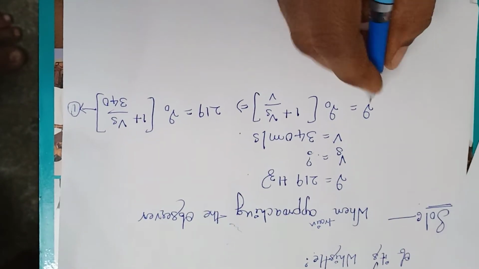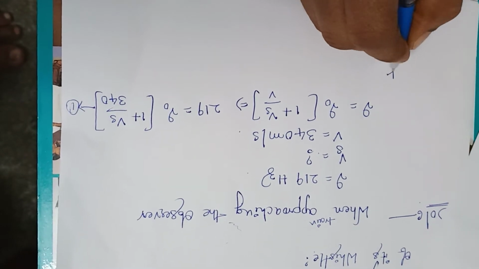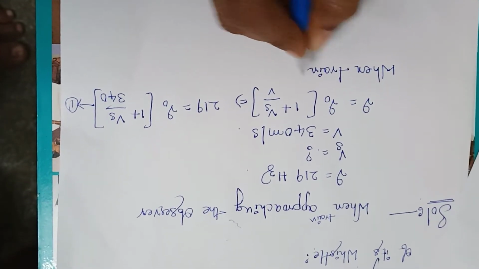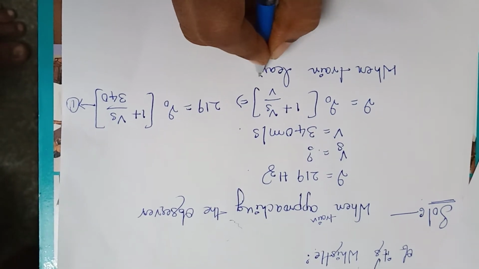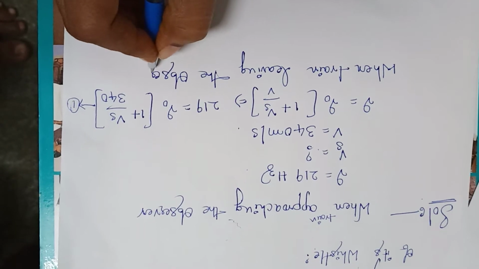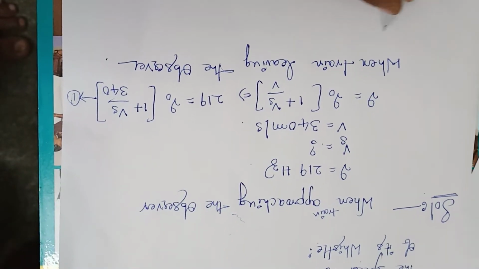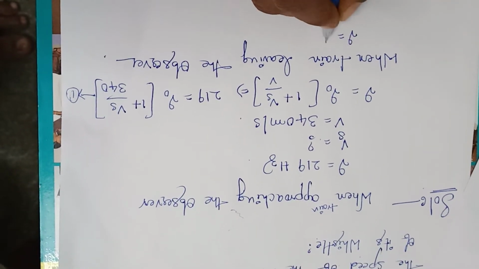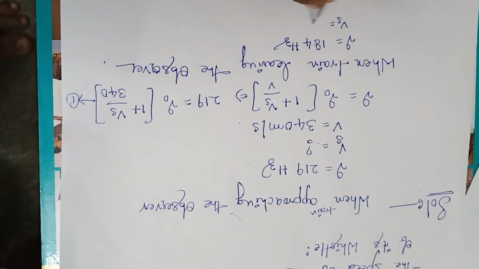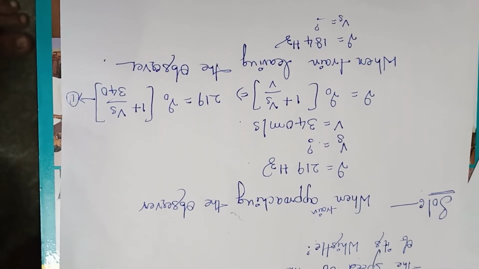Next, when the train is leaving the observer, nu equals 184 hertz, and you don't know the speed of the train, so we find that next.